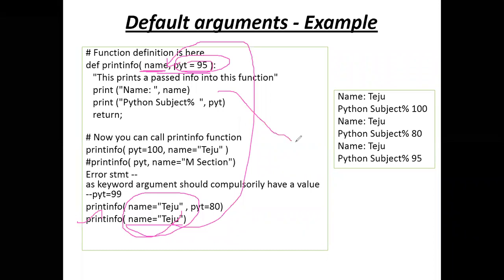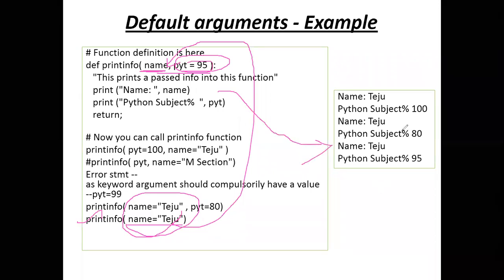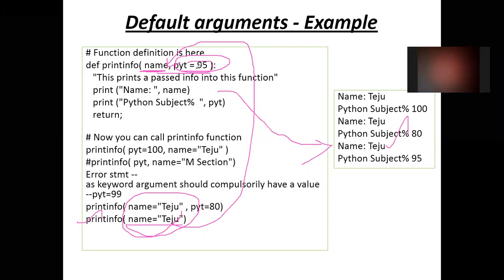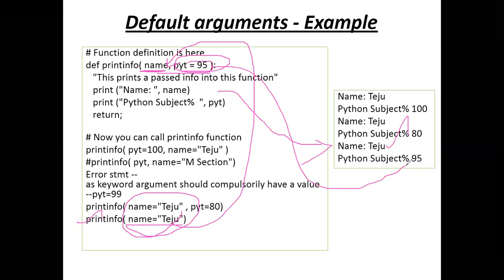So here you have the print statement. The input I've given is Teju, so that Teju will be printed. And explicitly I haven't mentioned the value for pyt, so by default whatever value you have for pyt will be taken and printed over here. So you are getting 95.